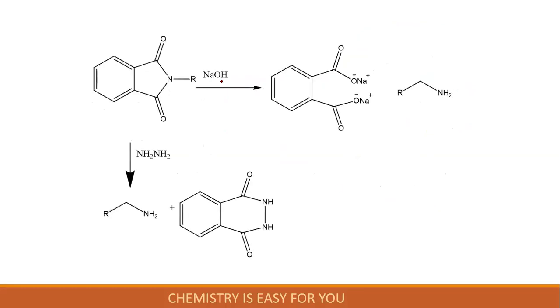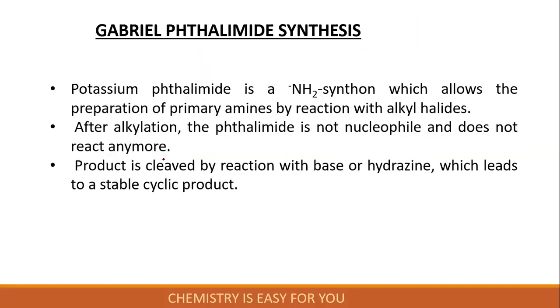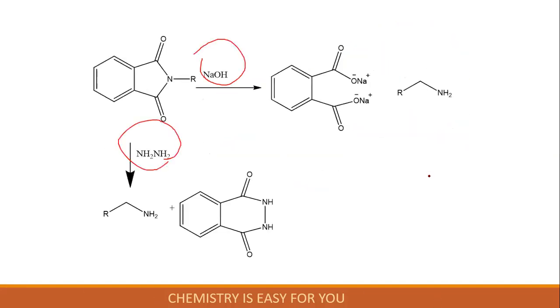From this, in the next stage, what happens? It will be reacting either with NaOH or with NH2NH2. It is already mentioned here: the product will be cleaved either with a base or hydrazine. With the base NaOH, we will have O minus Na plus, that is the COO minus on both sides, and we'll have a primary amine.